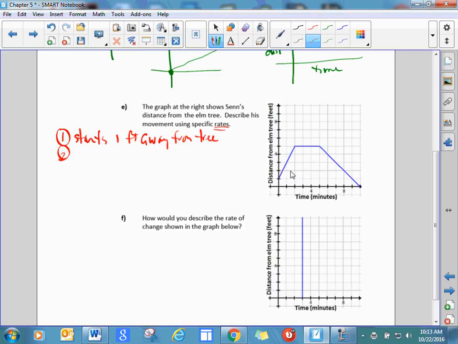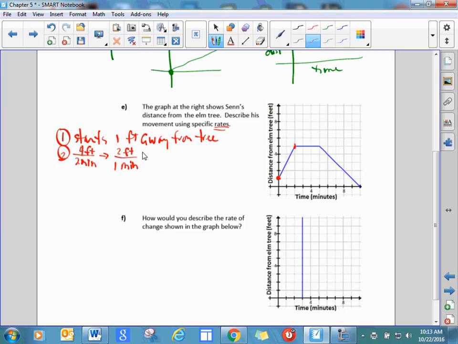Well, let's look at what happens from this point to this point, because this is when the graph changes. So he's got a positive slope, and it's going up, rising up 1, 2, 3, 4, running 2. So he is rising up 4 feet for every 2 minutes, which of course reduces to 2 feet per minute, per 1 minute.